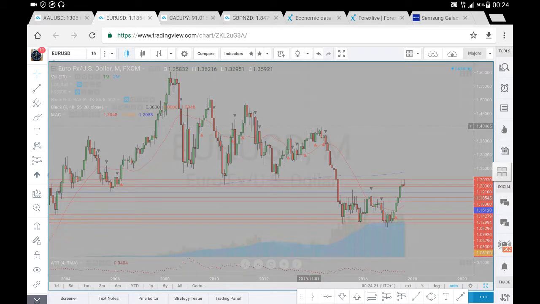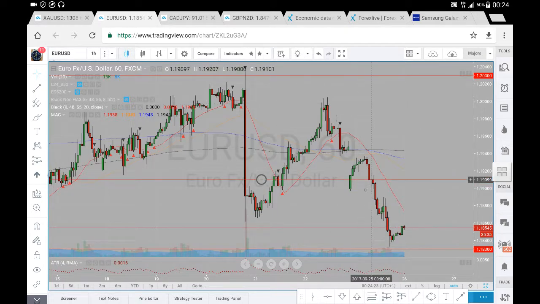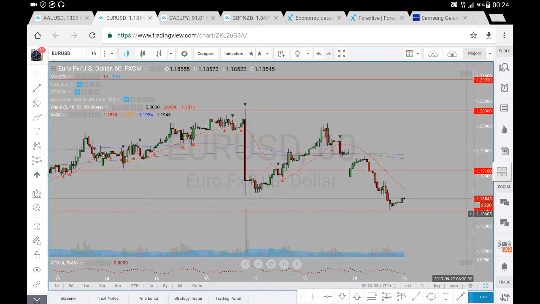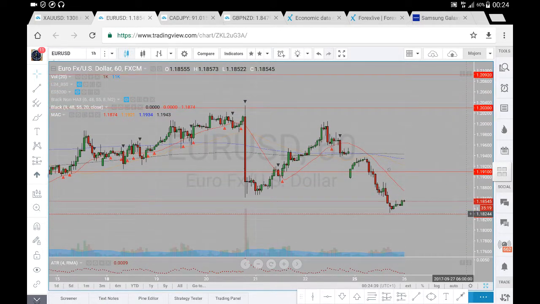So back down to the hourlies, and to the downside from the 1910, I don't think I mentioned this zone in the video, but it was already marked in the chart, 1830, and below that. Now let's just see where we are. Prices have come down to 118.32, which is as good as reaching the 118.30 support.